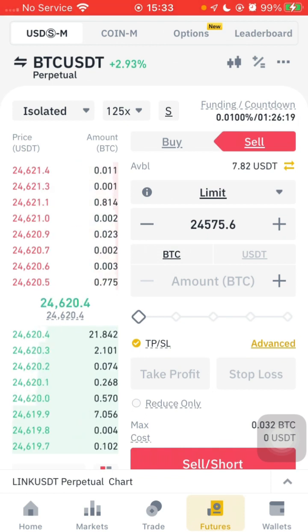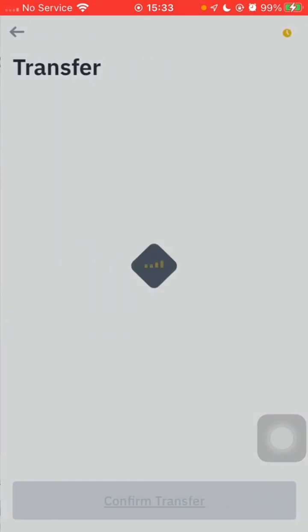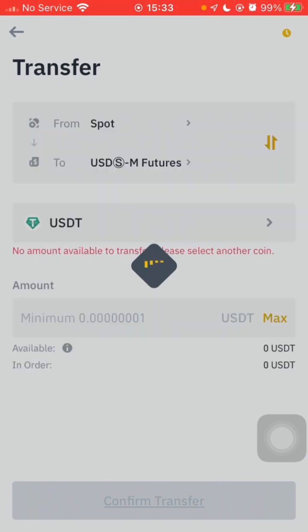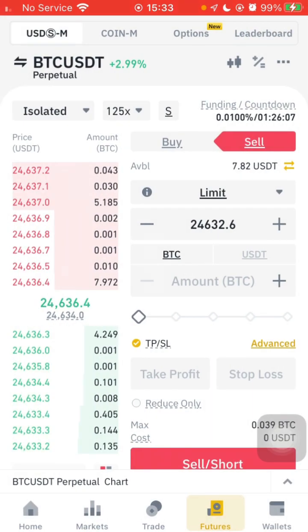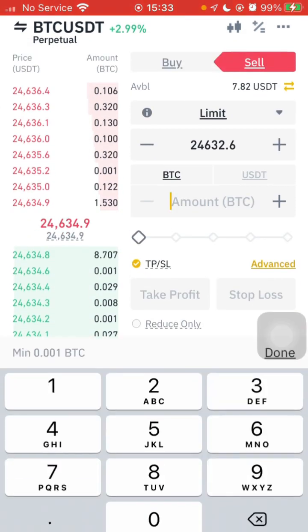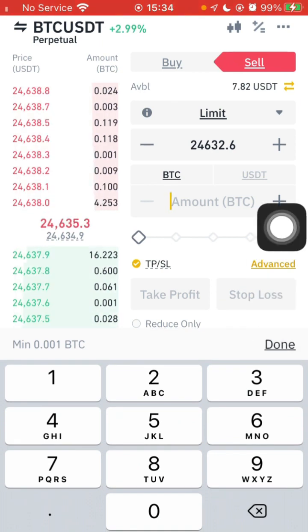Let's say I've done my analysis and I'm to enter the market at, let's say, $25K. Then I'm to short. Now you can see sell is already on sell, so I don't need to switch the tabs now. So I'm shorting, or I'm selling from 25K.